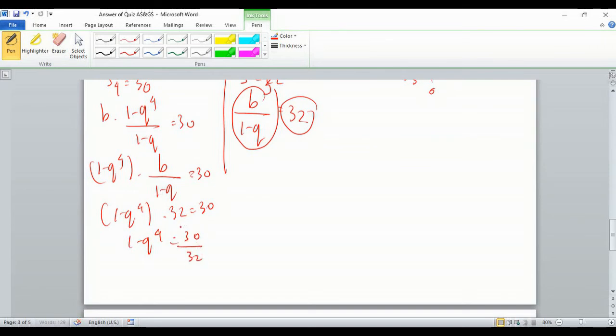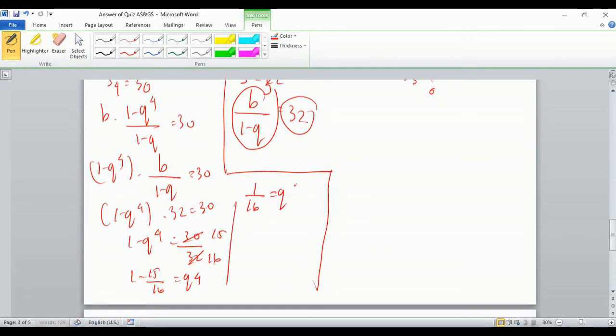We can simplify it to be 15 over 16, right? So in here, 1 minus 15 over 16 equal k power 4. And then from here, we get 1 over 16 equal k power 4. So this one is 1 over 2 power 4 equal k power 4. We can cancel them. So k is half.